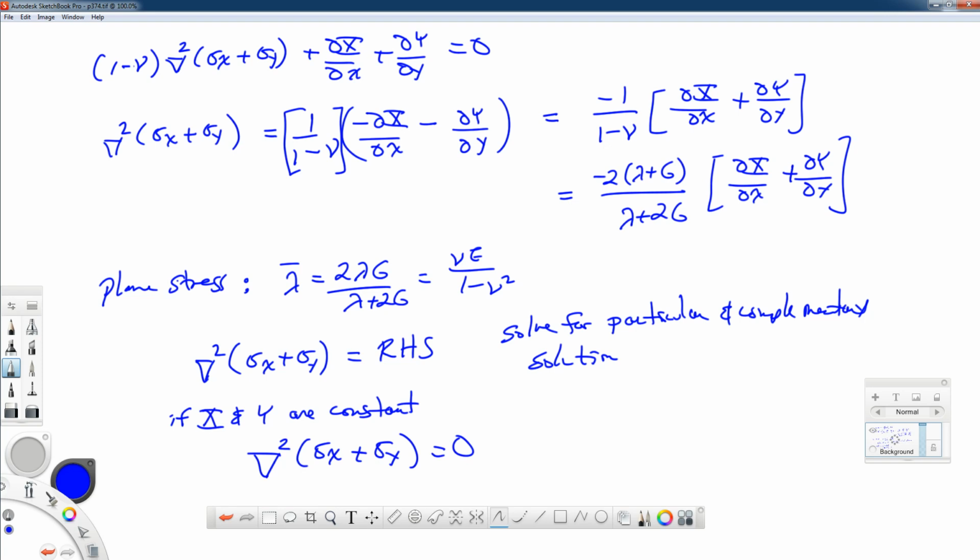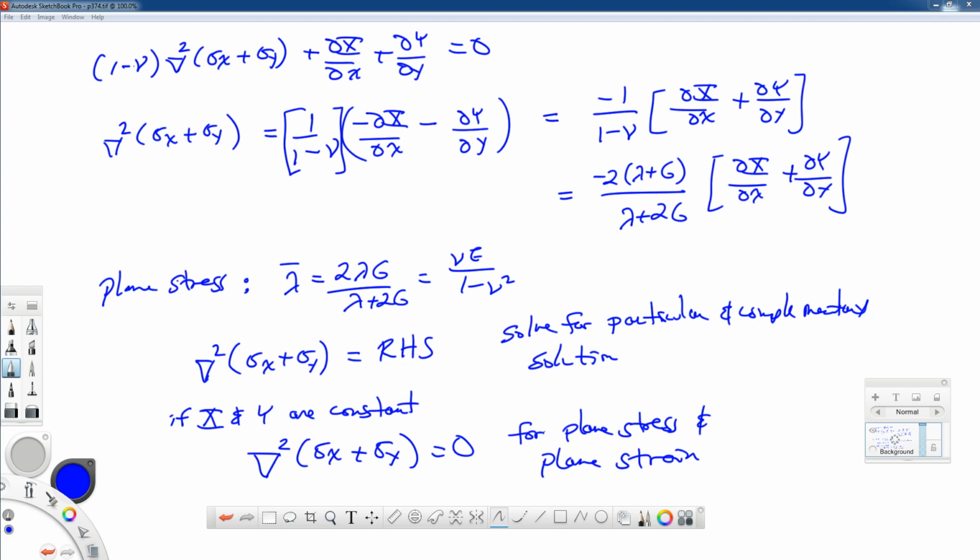And even if it's for plane stress, with those substitutions of material constants, if the body forces are constant, then this also still reduces down to just del squared of sigma x plus sigma y is equal to 0. This will be an important starting point for us.